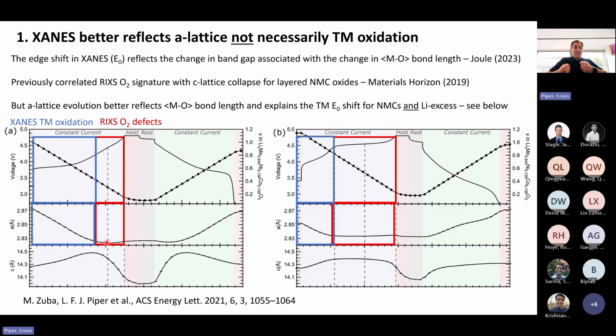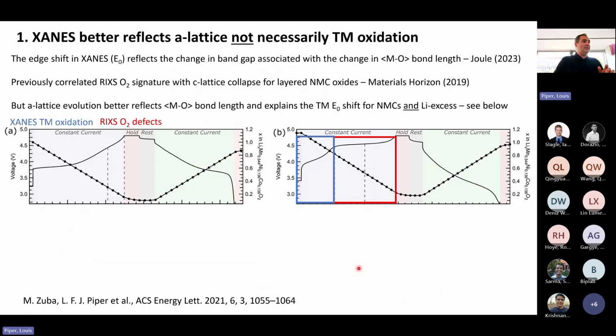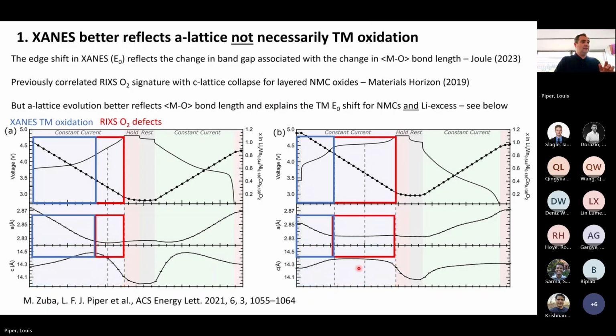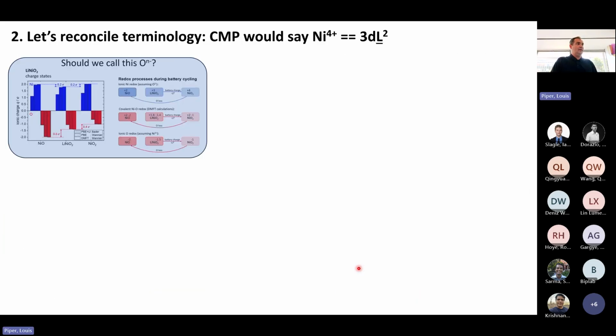And that shift that we see with the XANES in the metal cases here is essentially that short bond length. So when that plateaus out, that's where you no longer see evidence of transition metal redox happening, just because those bond lengths have stopped moving. So I get to the punch of it.